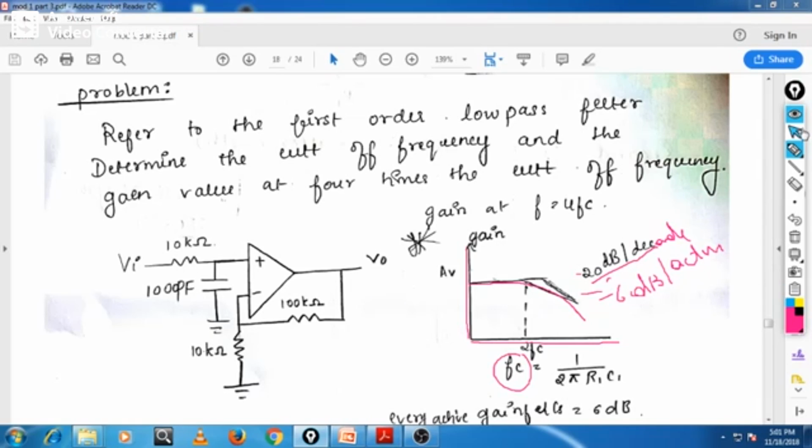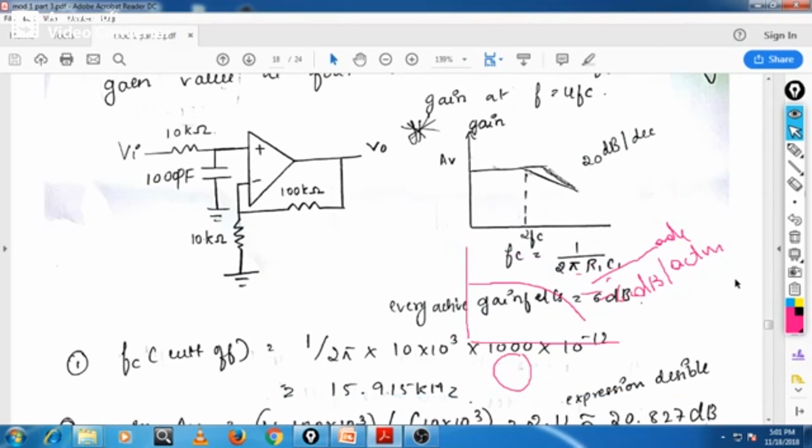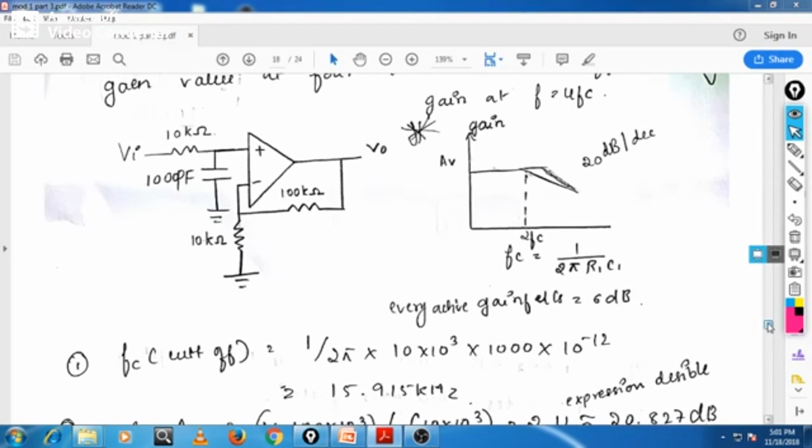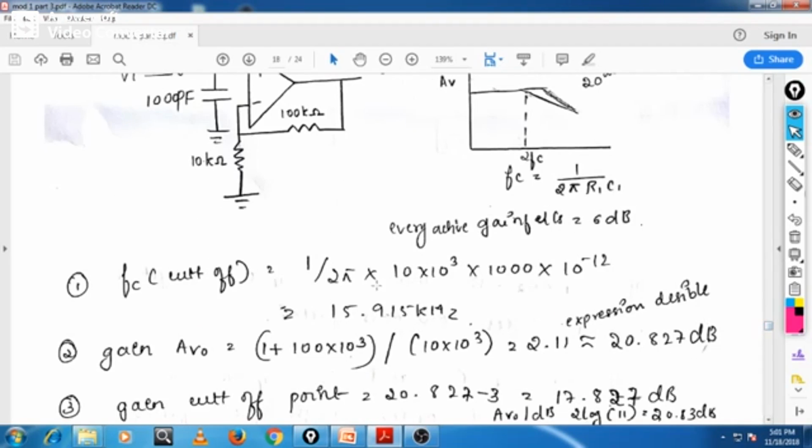If you substitute these values, what you get is the cutoff frequency, 1 by 2 pi R, with R equal to this value and C equal to 1000 picofarad, so 1000 into 10 to the minus 12. You will get 15.9 kilohertz. This is the cutoff frequency we get.